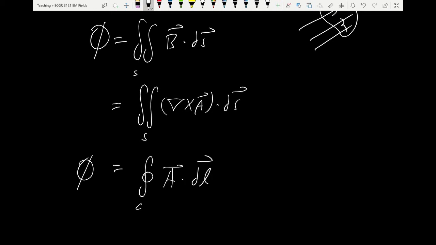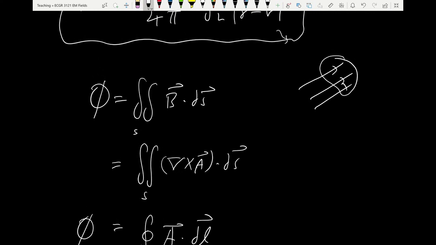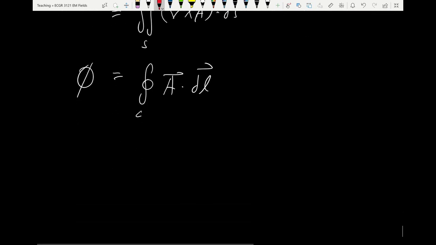So the flux crossing a certain surface is easier to find using A, because using A, the surface integral turns into a contour integral on the boundary of the surface. Just take A and take the path integral of A along the boundary of the surface.